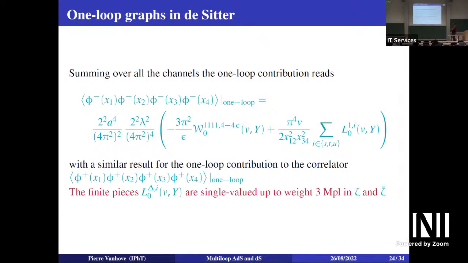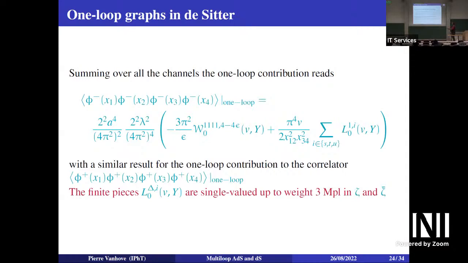is that the cross that I presented to you before was a combination of the Bloch-Wigner, which is a weight 2 single-valued polylog, then logs and rational pieces. So this one was weight 2 and lower weight single-valued quantities.